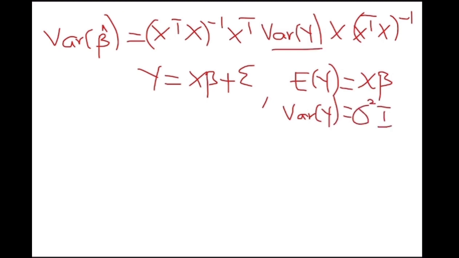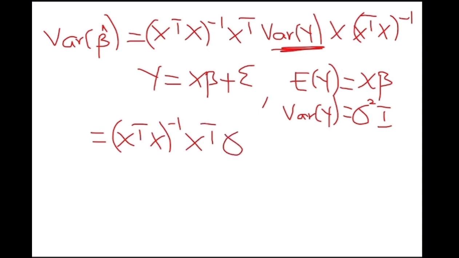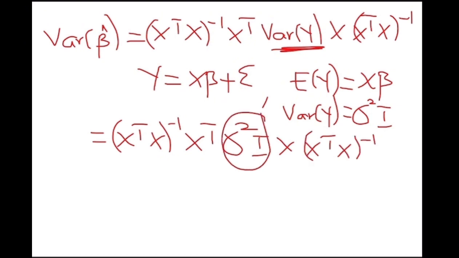So right here I'm going to have (X transpose X) inverse X transpose, sigma squared identity, X (X transpose X) inverse. And this is a constant variance. Sigma squared identity, the sigma squared is a constant, so I can bring it out.